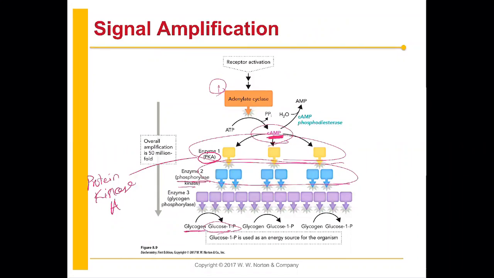Those 5,000 phosphorylase kinase molecules are going to cause the release, and you don't have to memorize these numbers, of something like 50 million molecules of glucose 1-phosphate from glycogen. So one small signal in the beginning is going to end up in a large signal at the end. And that's the whole point of signal transduction.